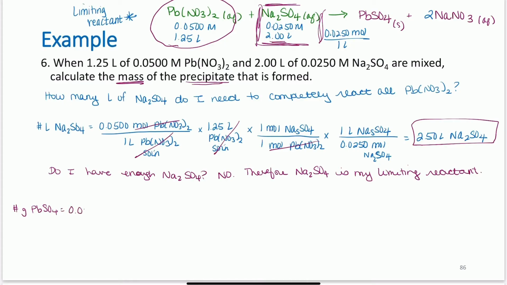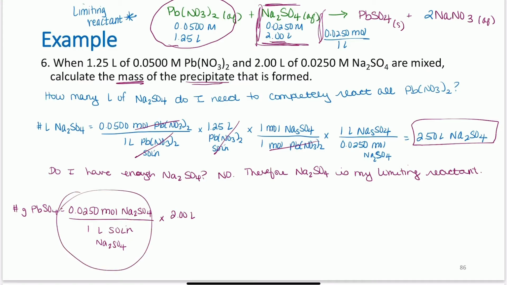I'm starting off with a 0.0250 molar solution, so 0.025 moles of Na2SO4 to 1 liter of solution. I have 2 liters of that solution, so that's where the 2 comes in. It doesn't come in this conversion factor, which stays whole. The 2 comes in beyond that.